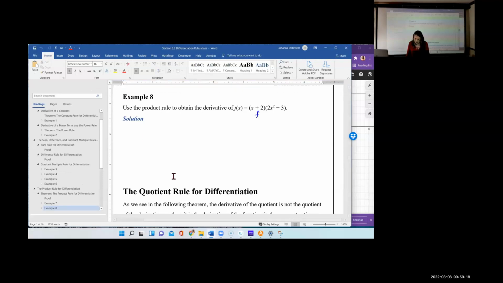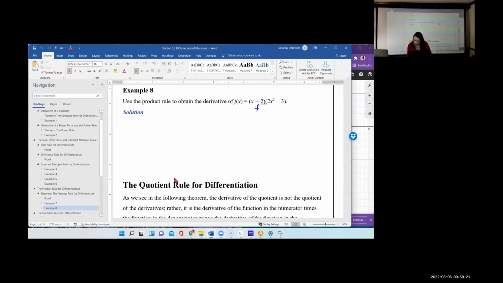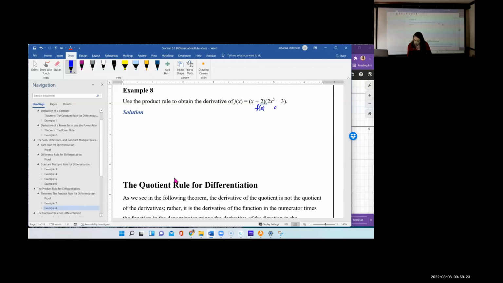All right. Okay, so this is f, which is x plus 2, and g is going to be our 2x squared minus 3. So we're going to do method 1, which is the product rule.